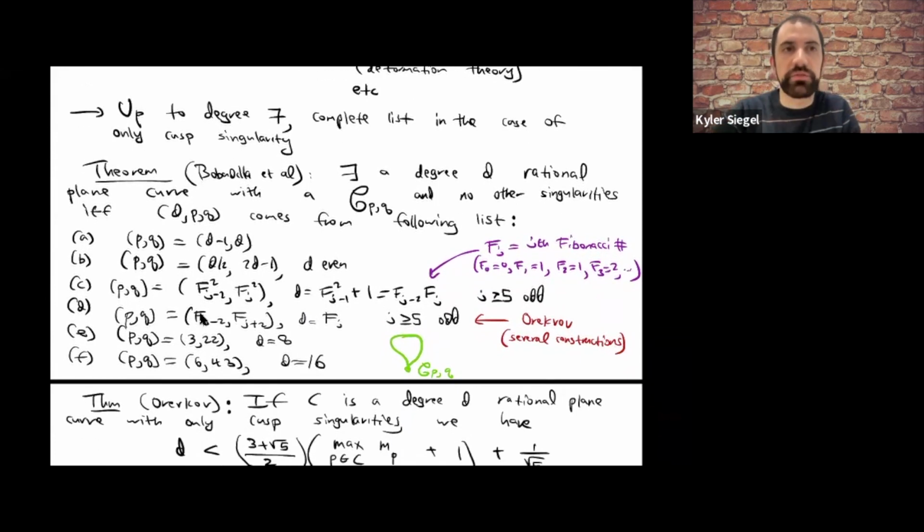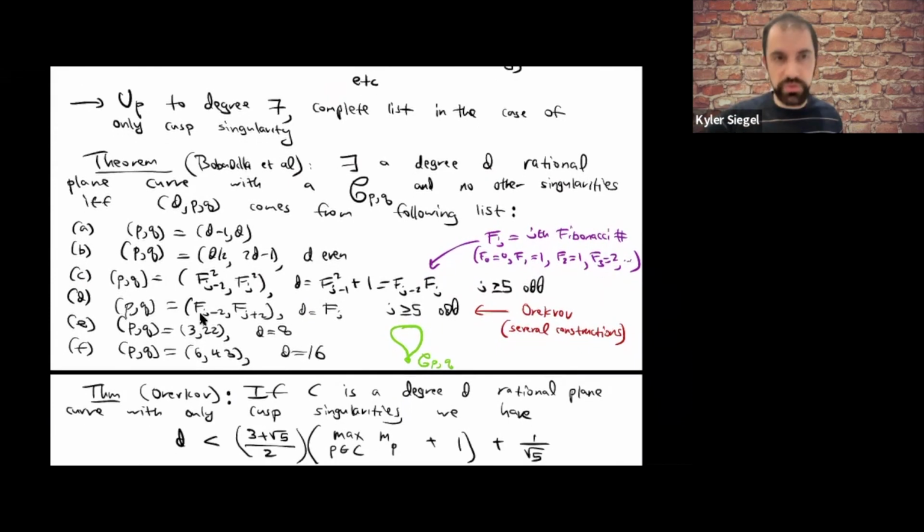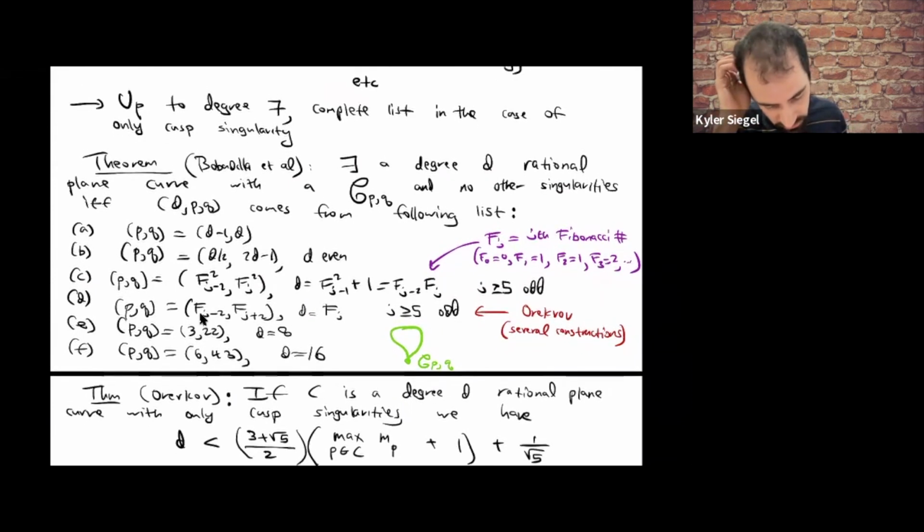Okay, so I'm just trying to give a sample of some other types of results that are known. There's also a theorem due to Orevkov, which says that in the case of a degree D rational plane curve with only cusp singularities, possibly more than one, but no multi-branch singularities, there's some bound on the degree in terms of the maximum multiplicity of a singularity.